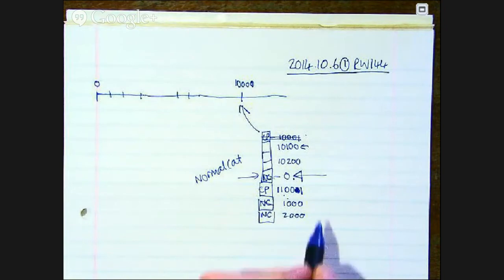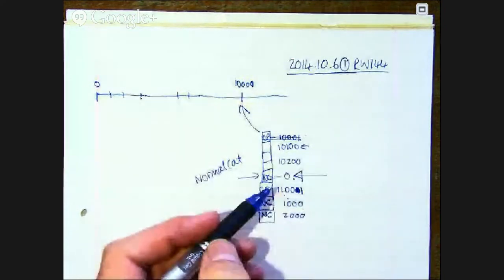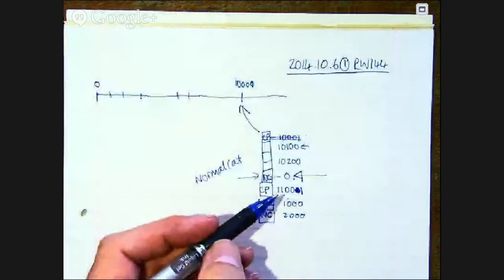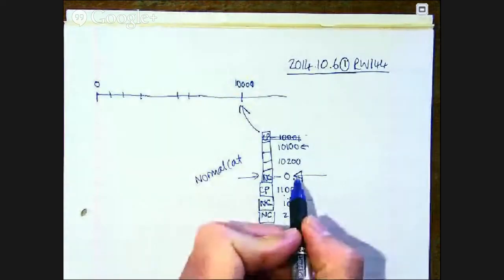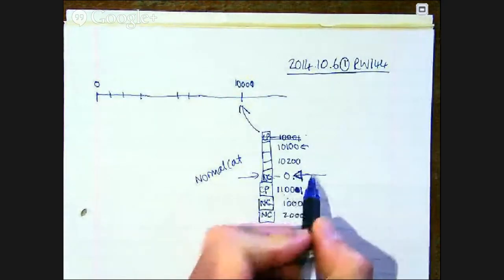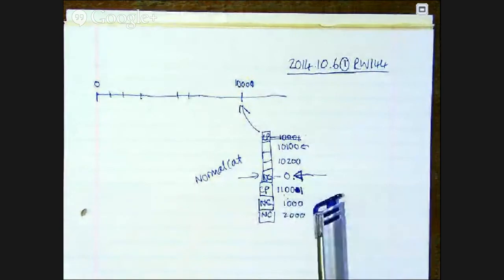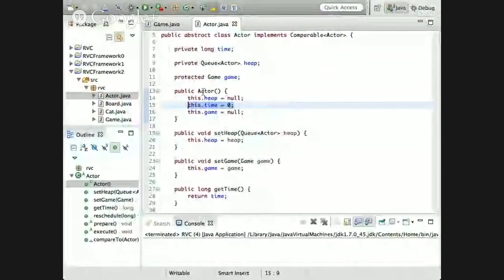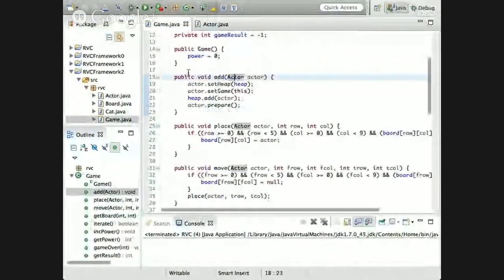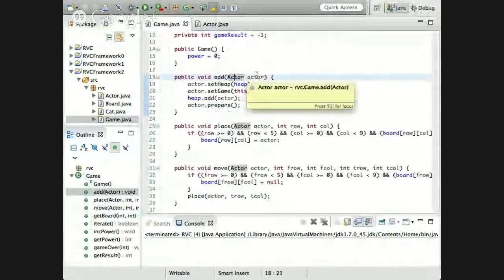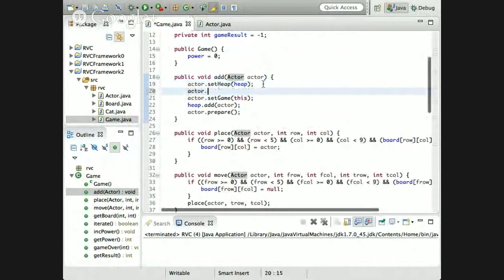So when you add something to the heap the very first time, it must not start with a time of 0. It should start at the current time. So we can change the add routine in game so that when there's a new actor, I can set its time to the current time.